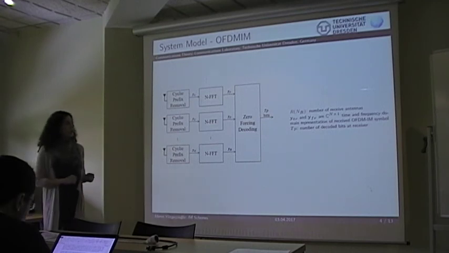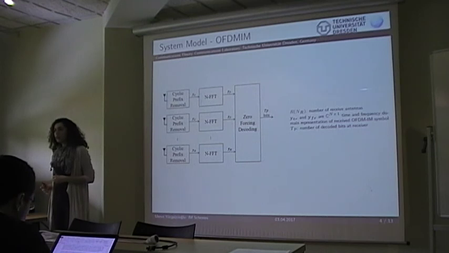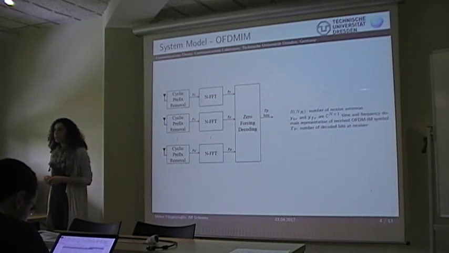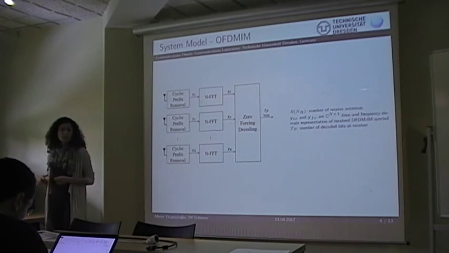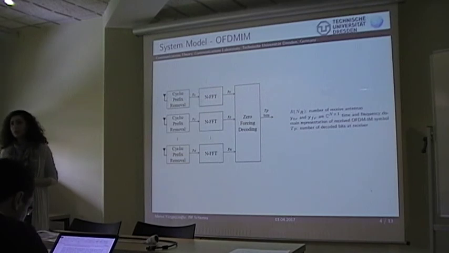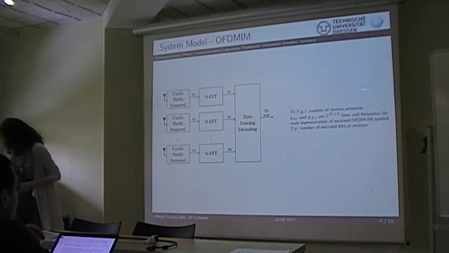For my work, I have chosen zero forcing decoding because of its linearity and low complexity. It also compromises the error performance when we compare with non-linear detection methods, but it is possible to further improve the performance by employing successive interference cancellation.